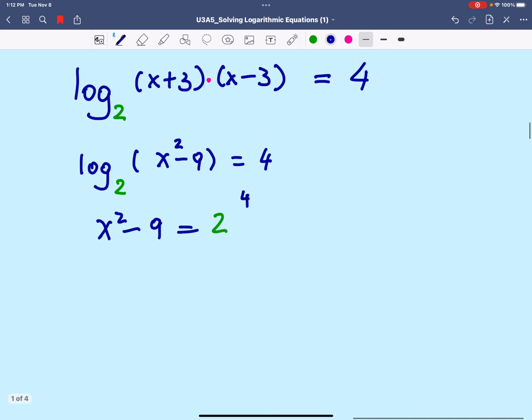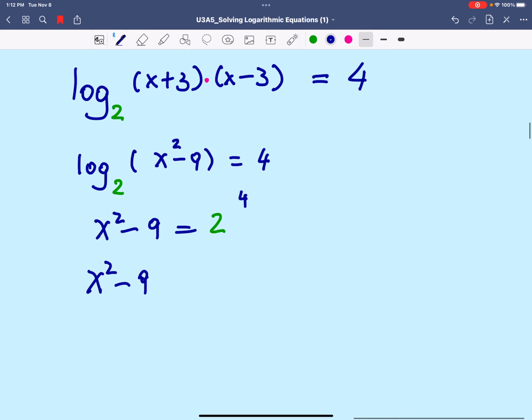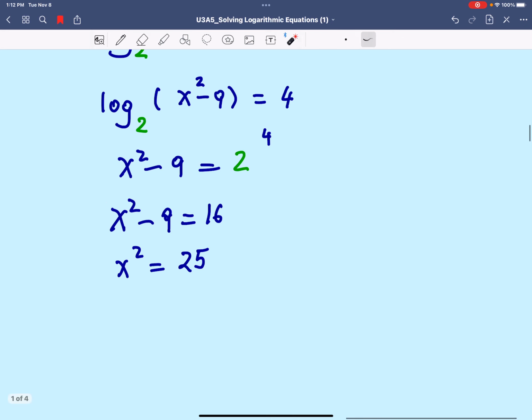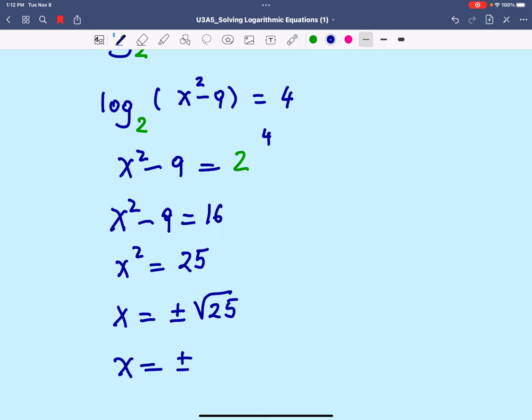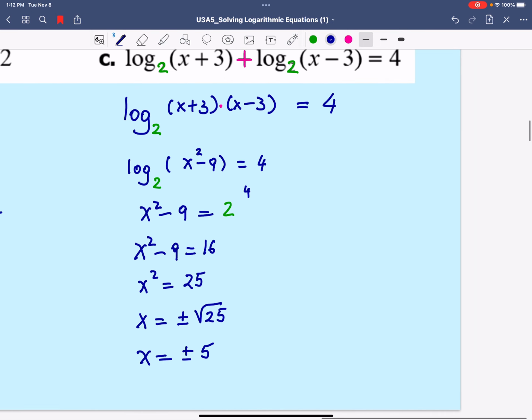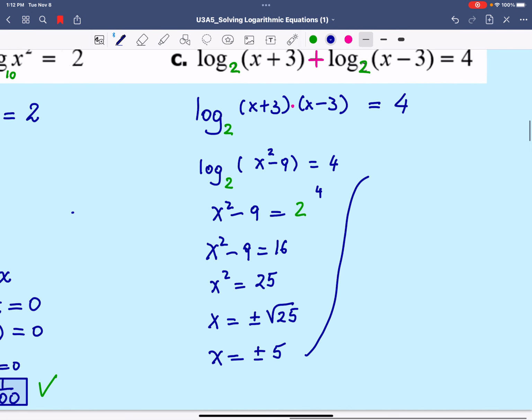So let's see what we get. We have x squared minus 9 equals 2 to the power 4 is 16. So that makes x squared equal to 25. So bring negative 9 to the other side, becomes positive. And x must be plus or minus square root of 25, or even better, plus or minus 5. So as you can see here, in this case, we obtain two solutions. So one is x equals 5, and the other is x equals negative 5.